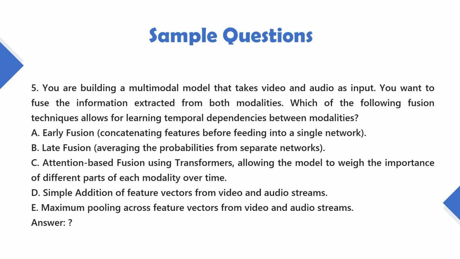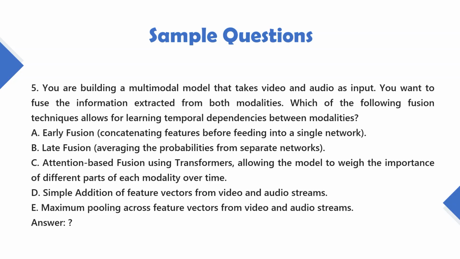5. You are building a multimodal model that takes video and audio as input. You want to fuse the information extracted from both modalities. Which of the following fusion techniques allows for learning temporal dependencies between modalities? A. Early fusion, concatenating features before feeding into a single network.